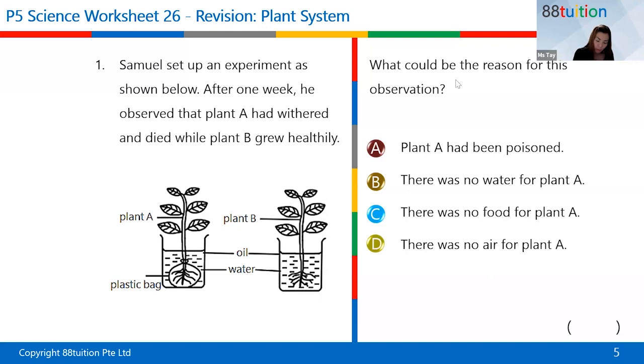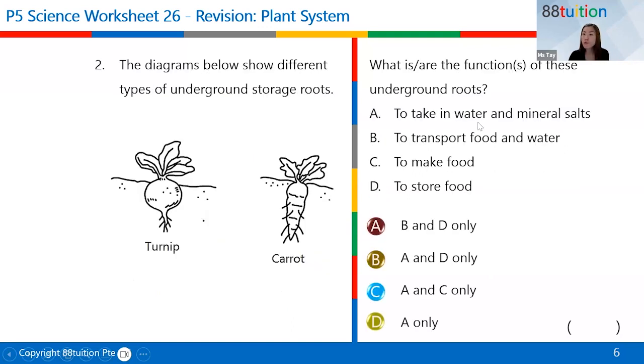What's the reason for plant A withering? But plant B grew healthily. Can you see the difference over here? There's water for B, there's no water for A. Pretty obvious. Any question here actually? No, good. Question 2, let's see.